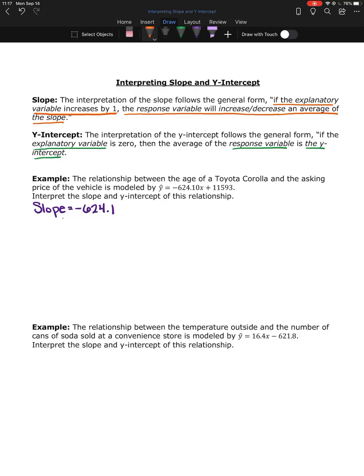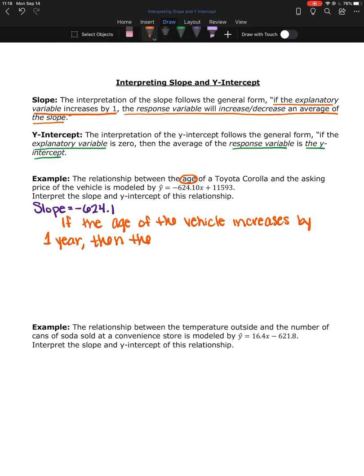So the interpretation of the slope would be: if our explanatory variable, the age of the vehicle, increases by 1 year, then the response variable, the asking price, how much they are asking for someone to buy it, then the asking price of the vehicle, and then we look at our slope.